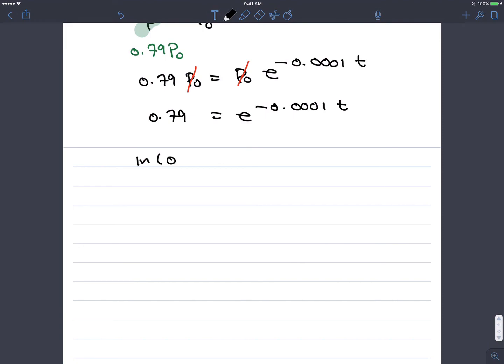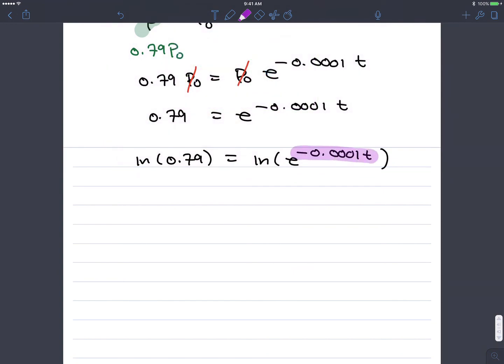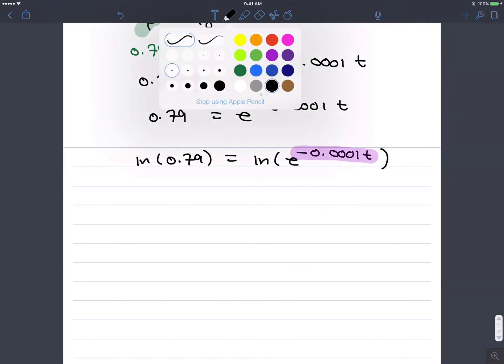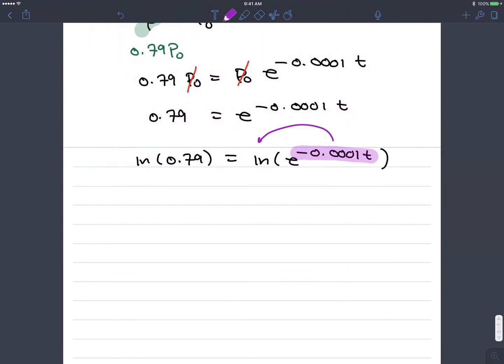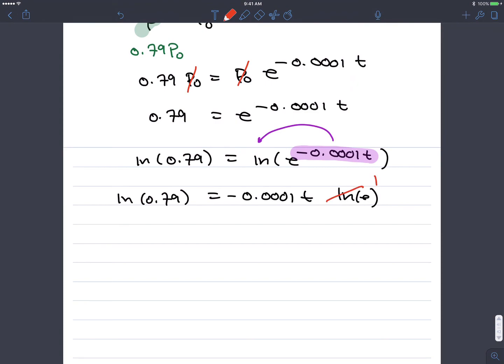The natural log of 0.79 is the natural log of e to the minus 0.0001 t. Properties of logs. Pull out the power. Here's what you end up with. Natural log of 0.79 is minus 0.0001 t times the natural log of e, where the natural log of e is the value 1.